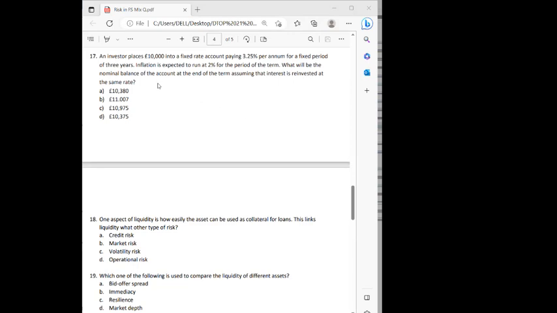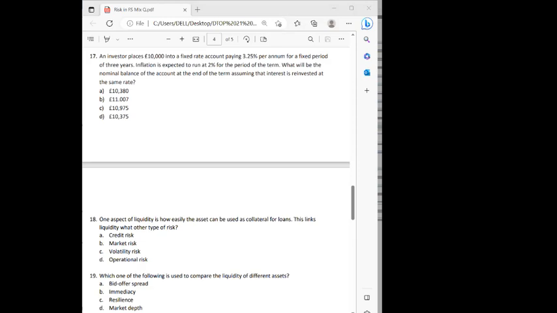An investor places £10,000 into a fixed rate account paying 3.25% per annum for a fixed period of 3 years. Inflation is expected to run at 2% for the period of the term. What will be the nominal balance of the account at the end of the term, assuming that the interest is reinvested at the same rate?